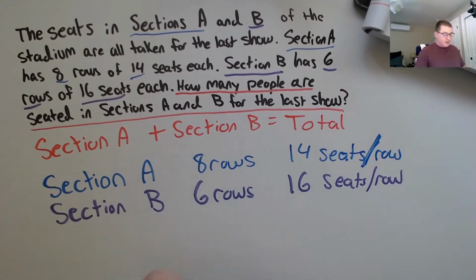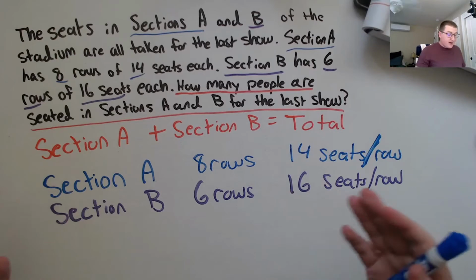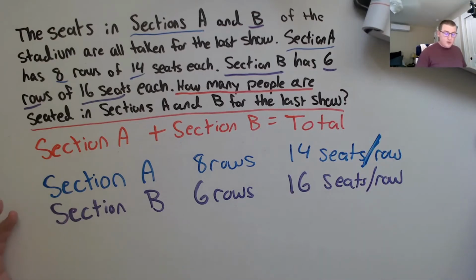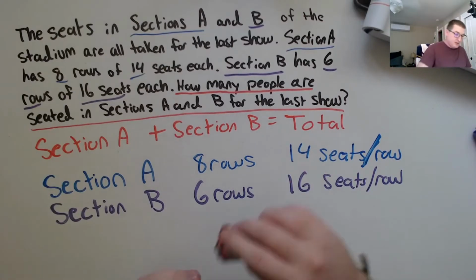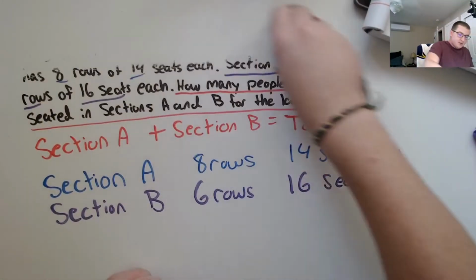So what we're going to do is start working with the numbers. We know that we need section A plus section B equals our total number. So right now we need to figure out what section A has in total seats. I'm going to erase this word problem up here because we have all the information we need and I'm limited on space.